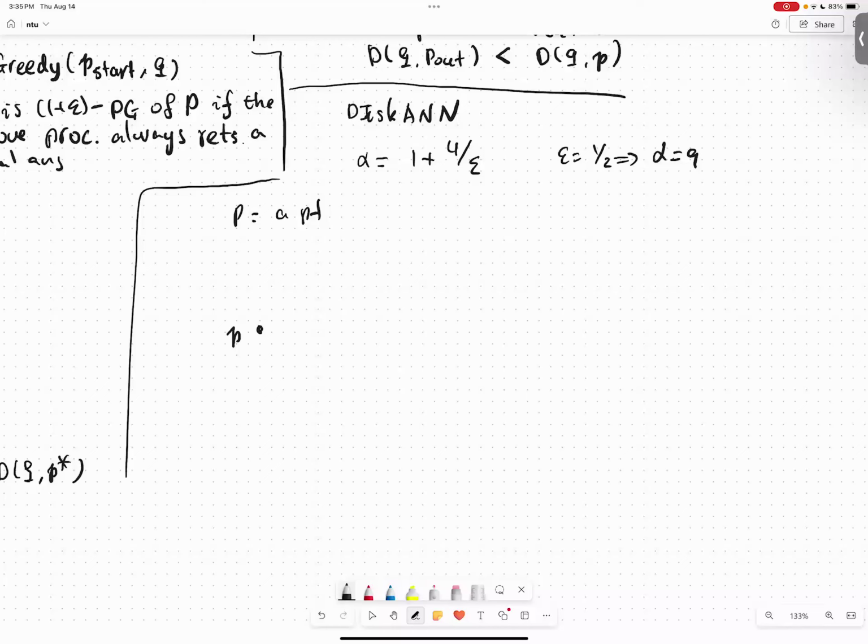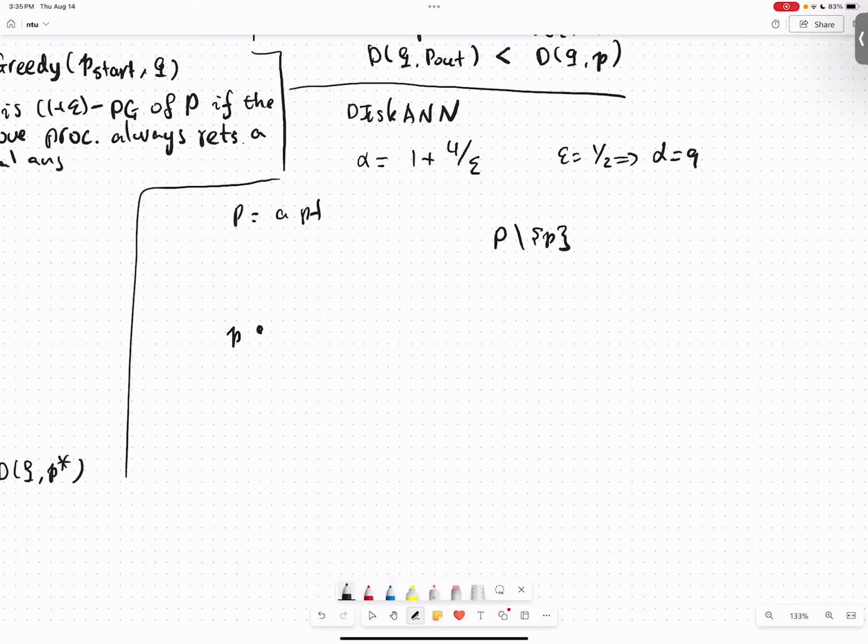So let's take it slow, one step at a time. First of all, I'm going to look at all the other points. P is the input set, and this small p is the point I care about, so I take it out.